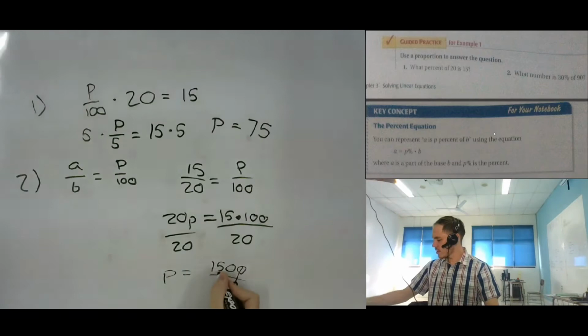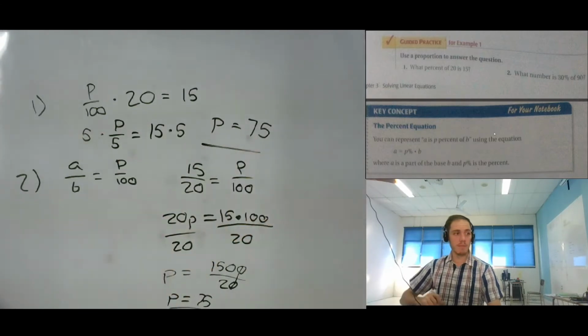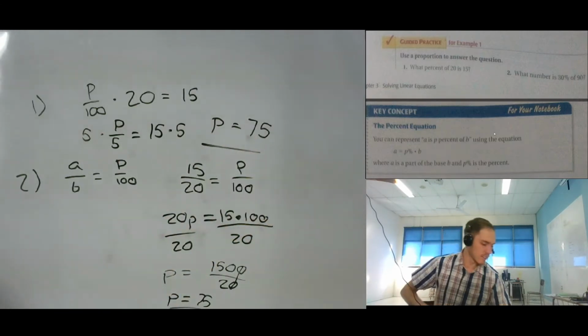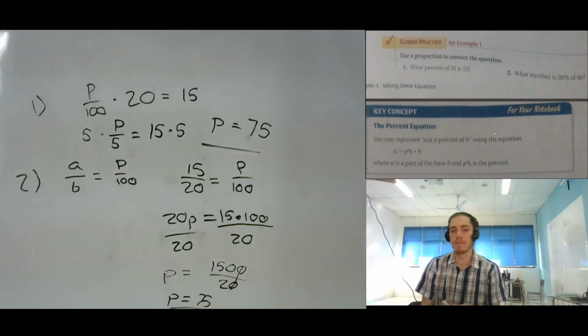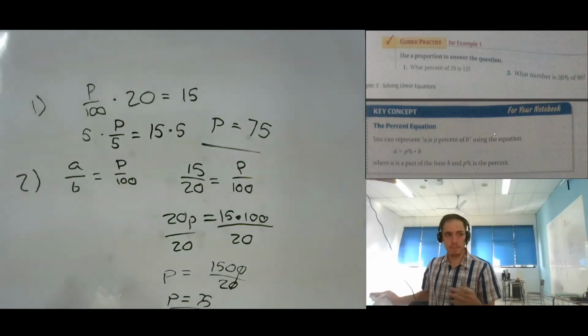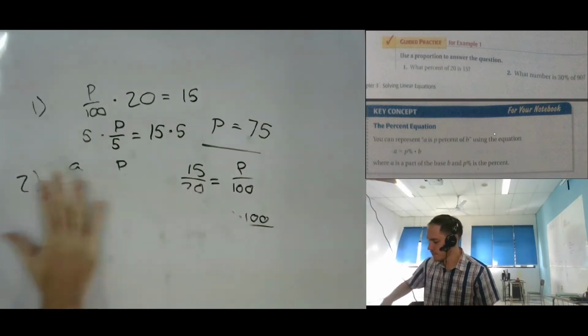One side is 0. And so P equals 75. So notice our answers are the same. So the process is equivalent. Okay? That means we do the same thing on both sides. Okay. Let's keep moving on.